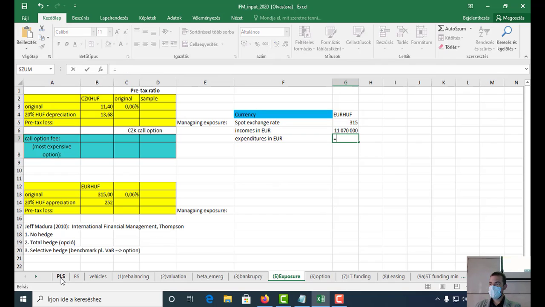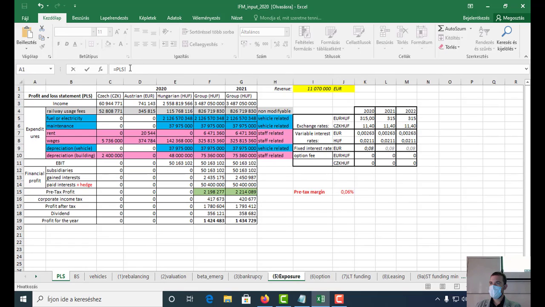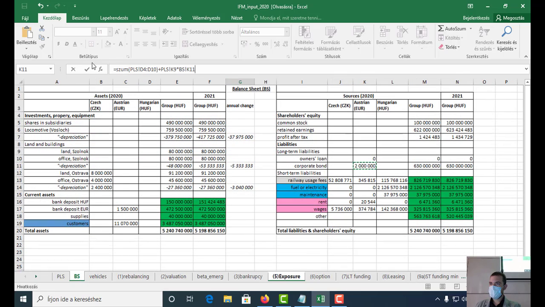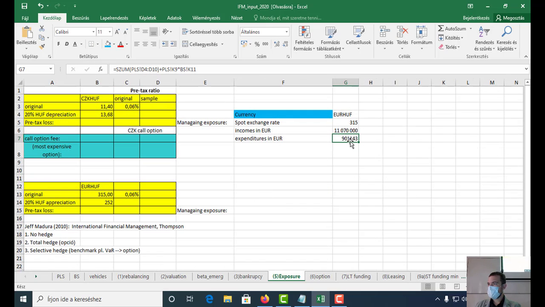We can say everything that is spent in Austria, plus interest payments after our debt, so this multiplied by the debt. Something like this you have.